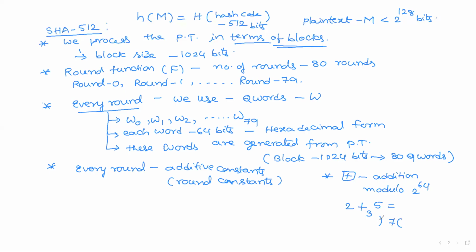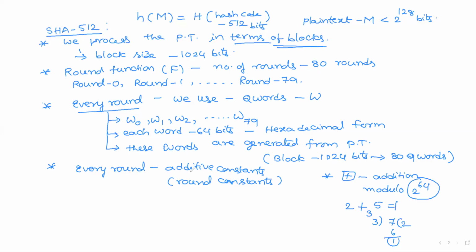Performing integer division with 3, it goes 2 times, so the remainder is 1. So this is addition modulo 3. But here it is addition modulo 2 power 64, a big number. I am just giving the idea about this addition modulo operation.